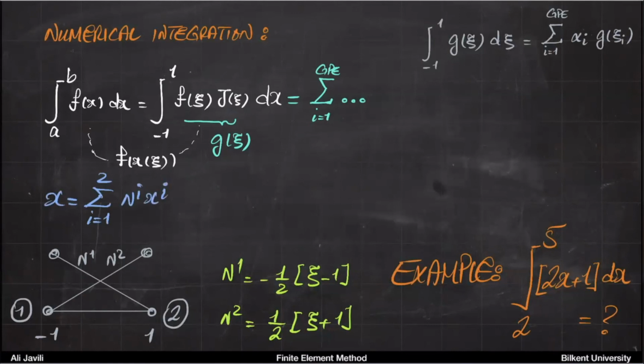Remember, the polynomial order here is 1. It's a linear function. So you have a summation from 1 to 2.